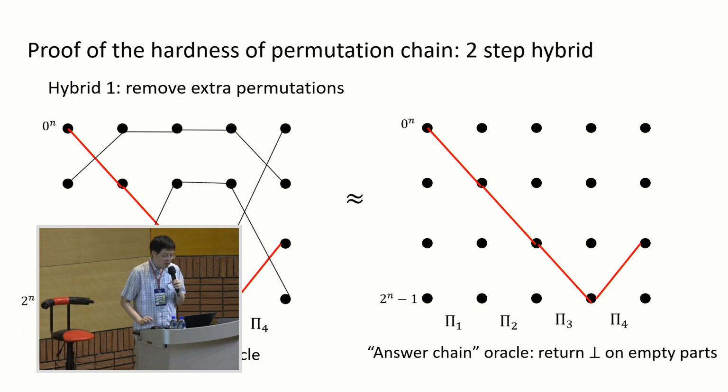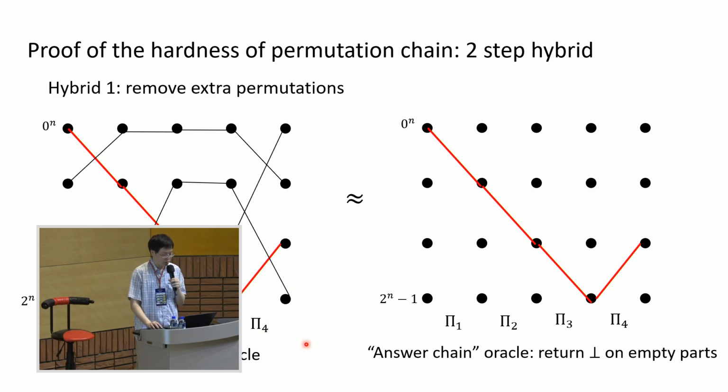The naive way to solve this is you just query in sequence. You query the first permutation and you know this location, you query the second permutation and you know this location, etc. And you can walk along a line to the end.